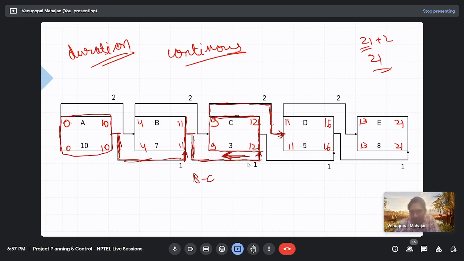Sir, I understand that start to start is critical for C, but how come it is critical in the back direction? Can you explain? Okay. We are going directly by calculation purposes. Let me erase this part.